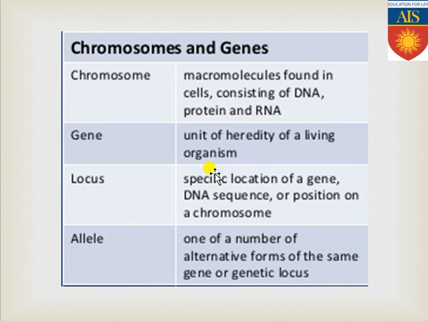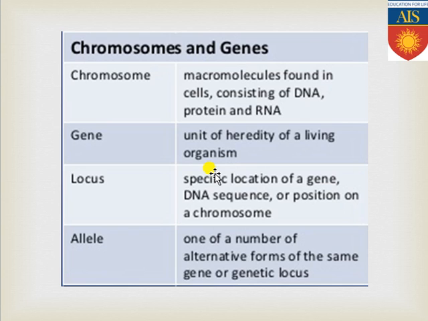Allele, what is an allele? I think you have heard this word previously in lower classes, but I think the definition or meaning of allele is not clear to everyone. If you consider each type of gene, each gene has 2 or more alternative forms. Commonly each gene has 2 alternative forms.